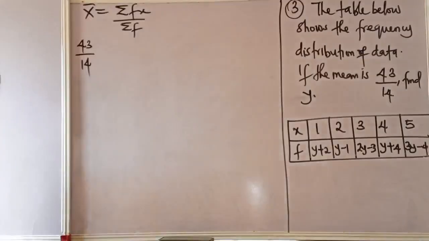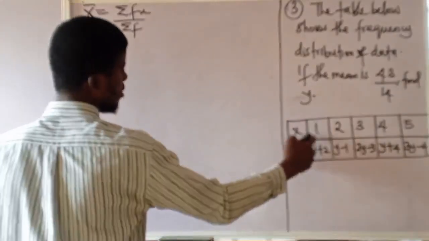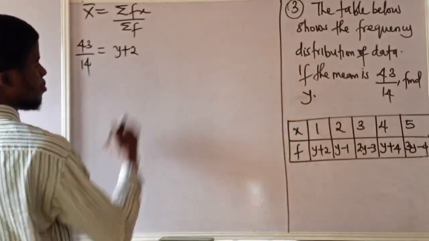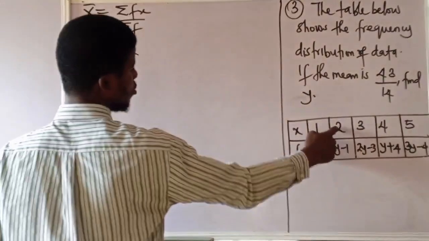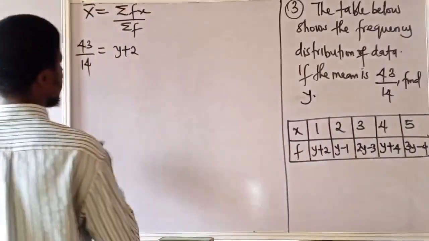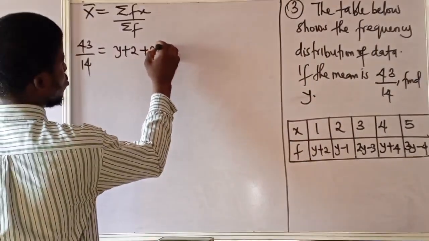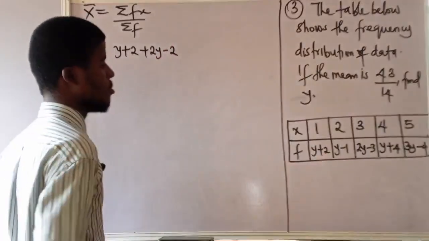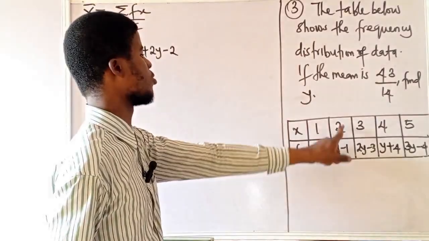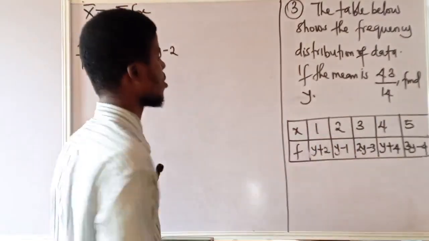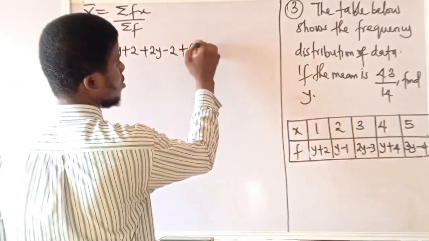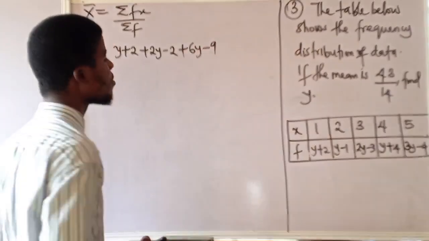What is summation fx? 1 times y plus 2, that's y plus 2. 2 times y minus 1, of course, that will be 2y minus what? 2, right? Because 2 times y is 2y, 2 times minus 1 is minus 2. 3 times this, that will be 6y minus 9.